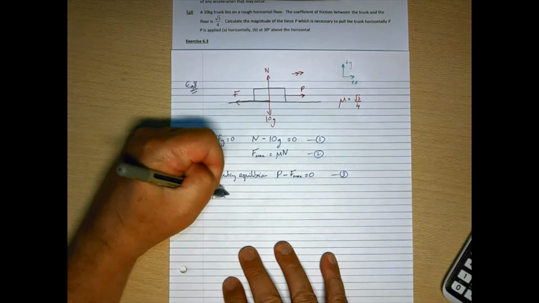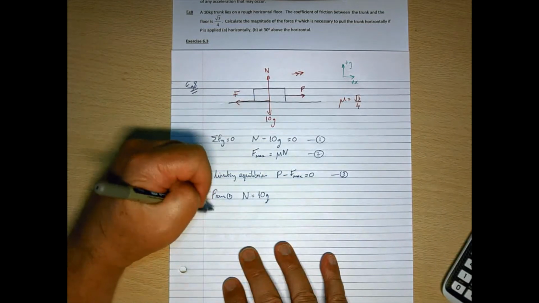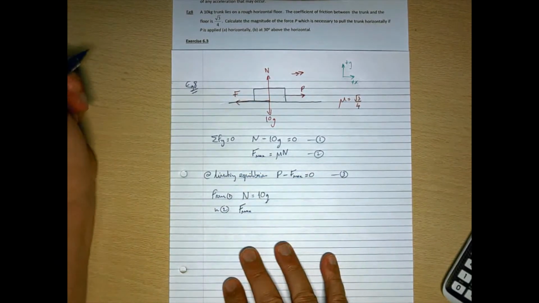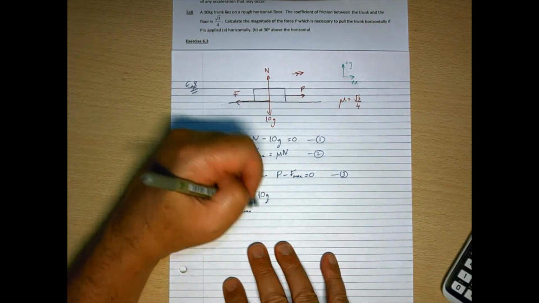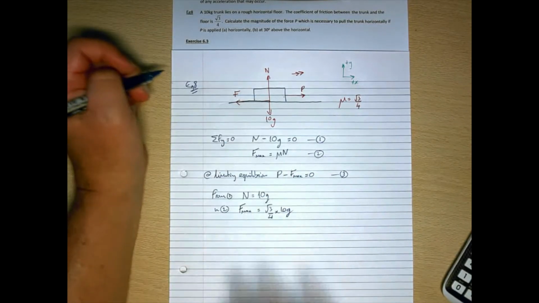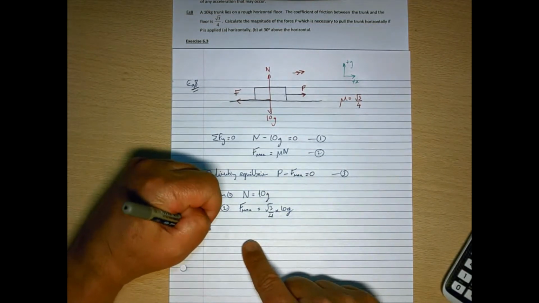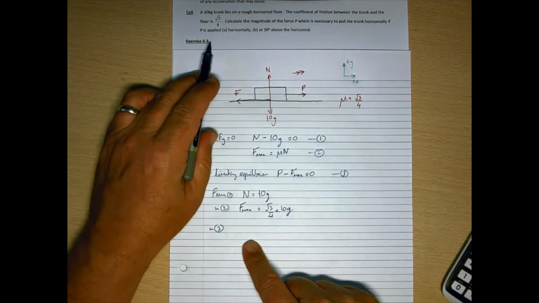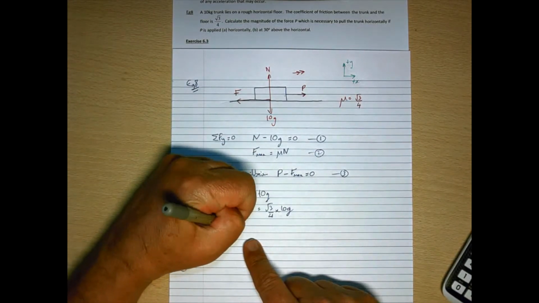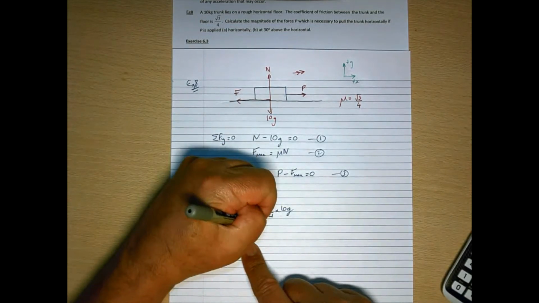So from 1, N is 10g. In 2, the maximum value that frictional force can take is going to be √3/4 times 10g, and from that, in 3, the pulling force that is necessary to move that is going to be F max.